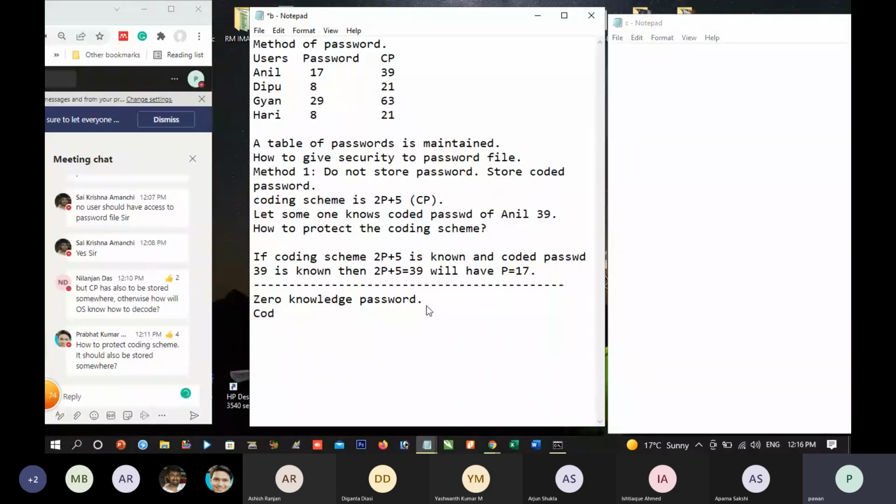Suppose the coding scheme is password cube plus 7 into password plus 29. Suppose this is a coding scheme which has been given. Let the password be 5.